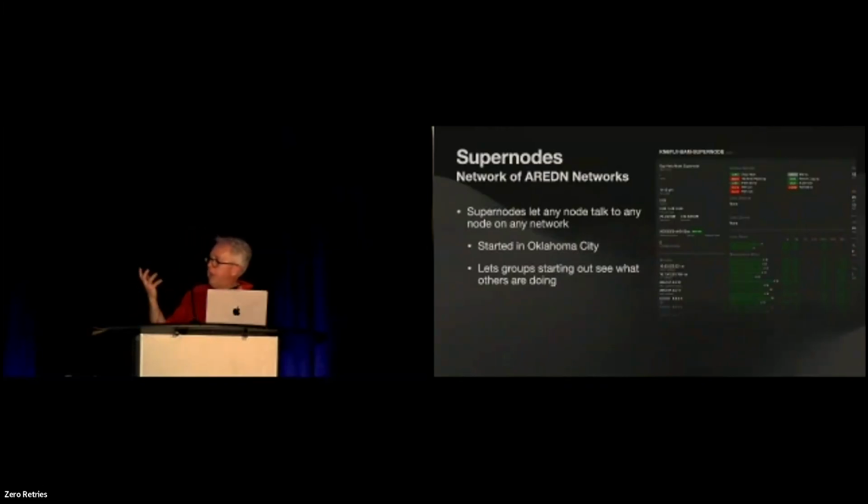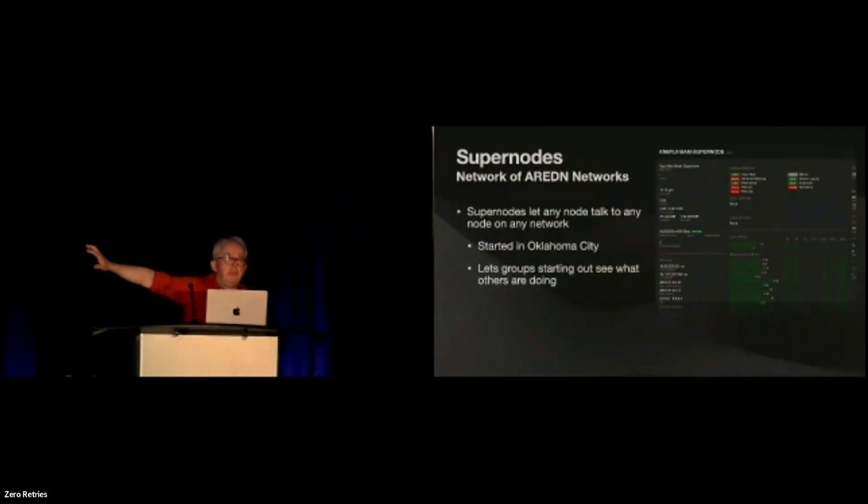So we have AREDN stuff on the roof of Hurricane Electric now, so our network goes to a data center, and then from our data center it goes out to places like Oklahoma City over Hurricane's ridiculous redundant networking system. So we have a nice resilient path to other people, which is great for them to see our network if they want to. It's good for us if we want any kind of resilience in an emergency situation as well, of course.